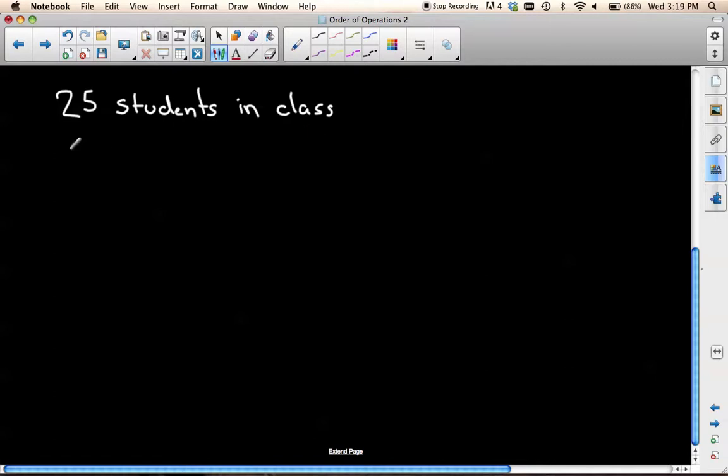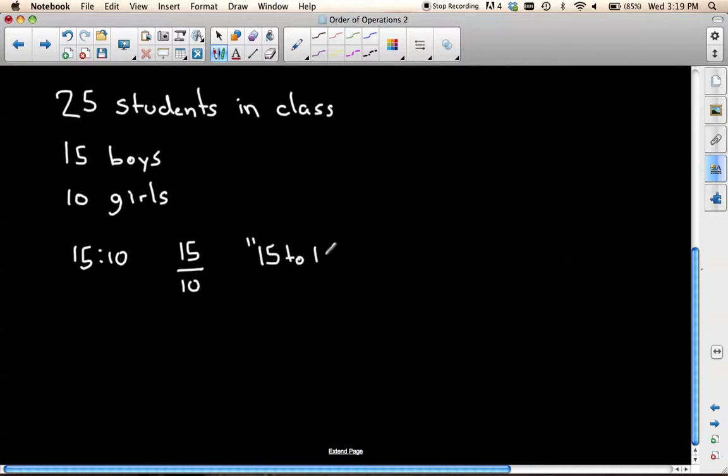We have 15 boys in our class and 10 girls. So the ratio of boys to girls is 15 to 10.